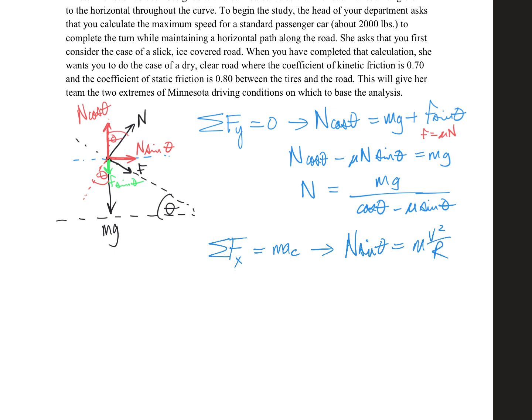And so, all right, N can pop into here. And so what do I get? I'll get mg sine theta over cosine theta minus mu sine theta. And that's going to equal mv squared over r. The m's drop out.